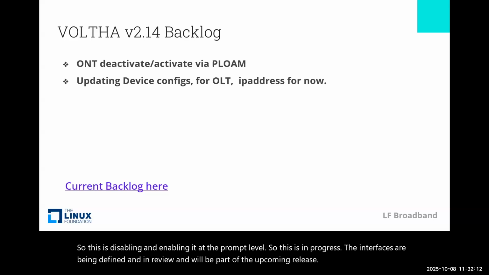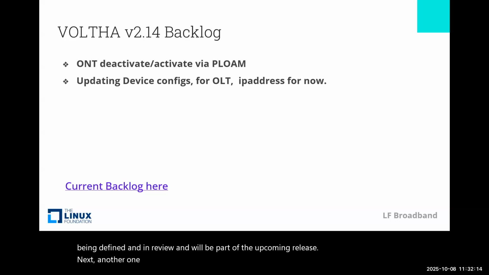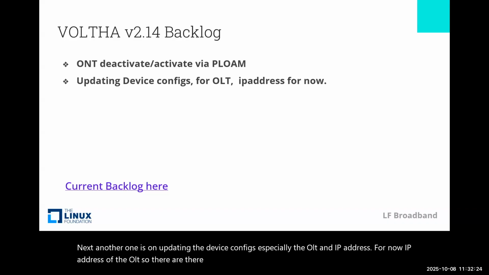Next, another one is on updating the device configs, especially the IP address of the OLT for now. There are situations wherein an IP address of an OLT can change because it's being moved across or because of some topology change or whatever.